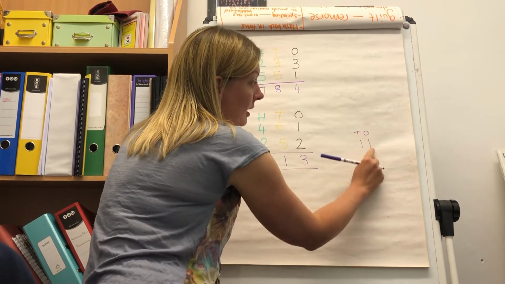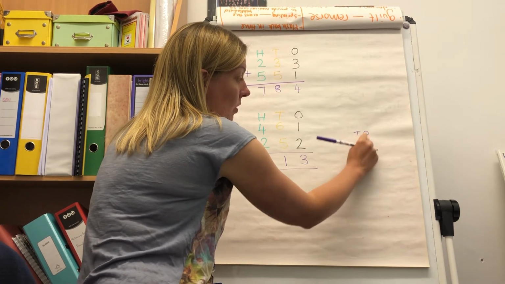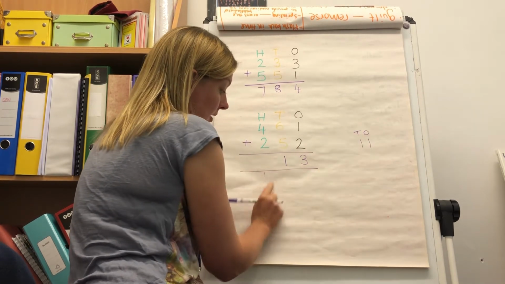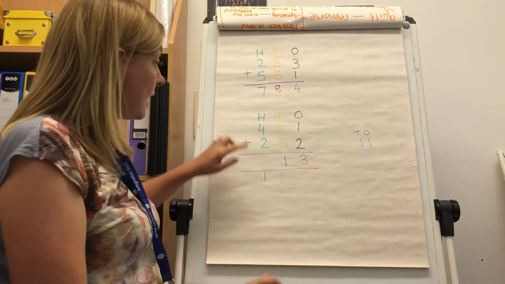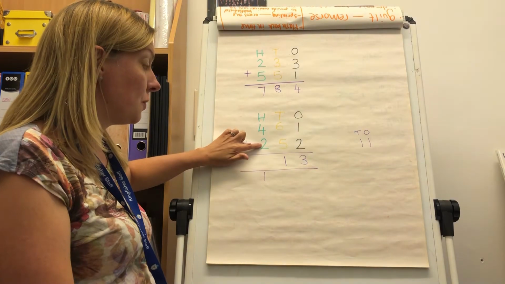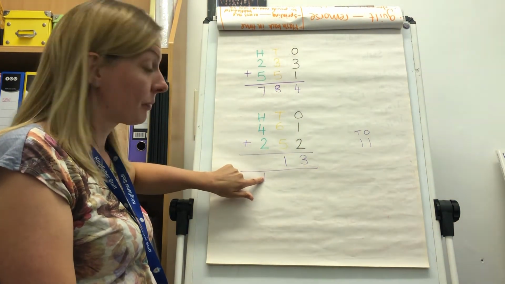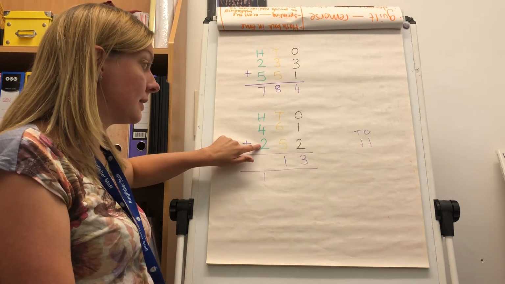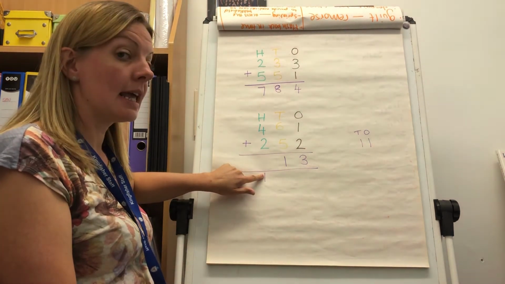The 1 column goes here, the tens column goes underneath, okay? Now when we look at the hundreds column, we've got 4 add 2, then we need to add this one on as well. So 4 add 2 is 6, and 1 more gives me 7.